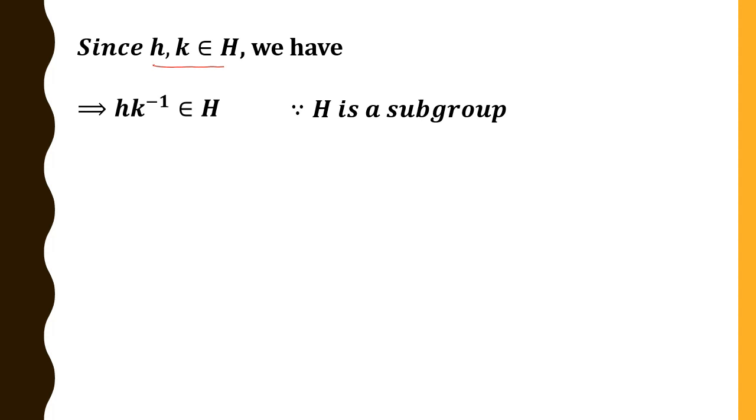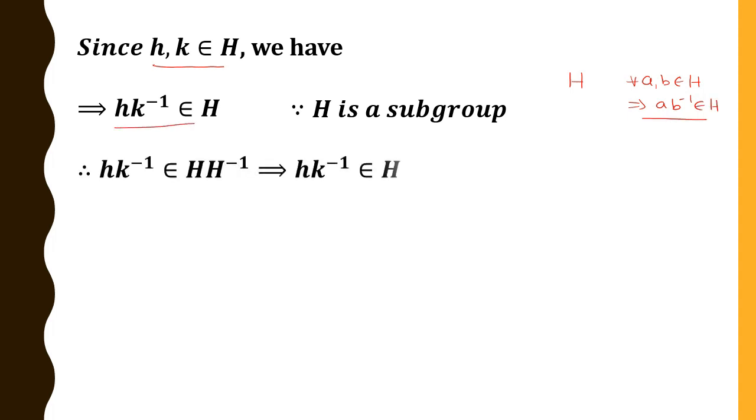This is nothing but the criteria: a non-empty subset H is a subgroup of G if and only if for all a, b belonging to H, a star b inverse, or ab inverse, belongs to H. Using this criteria, we have written this step. So this was the statement we considered in the beginning. This implies hk inverse belongs to H. That's what we have proved here.